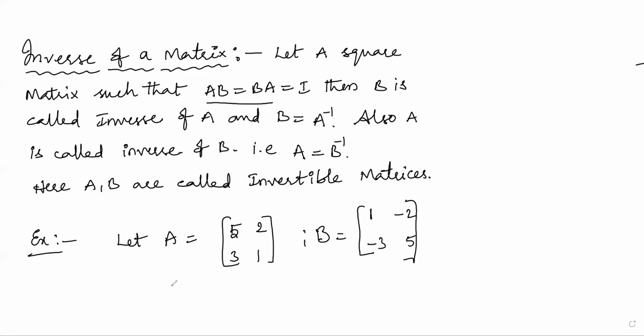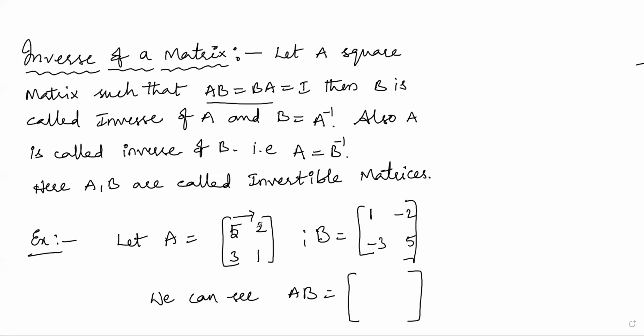Now A is this, B is this. Let us compute AB: this row into this column.